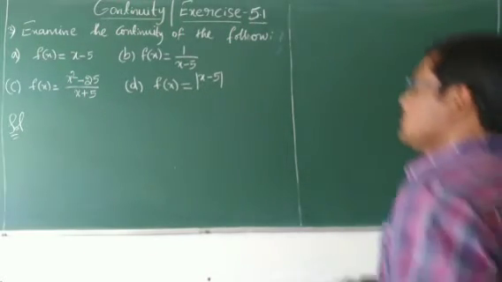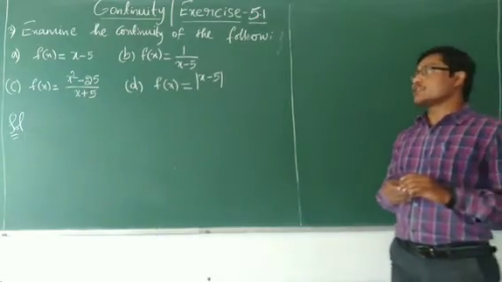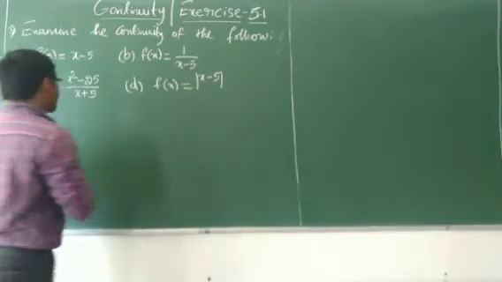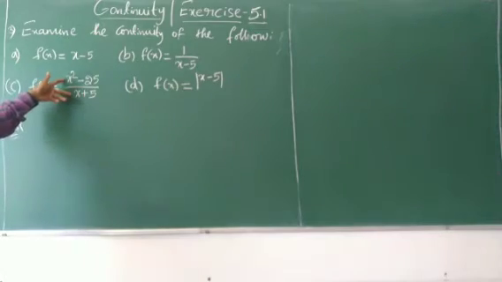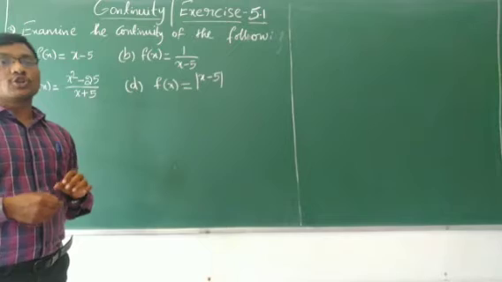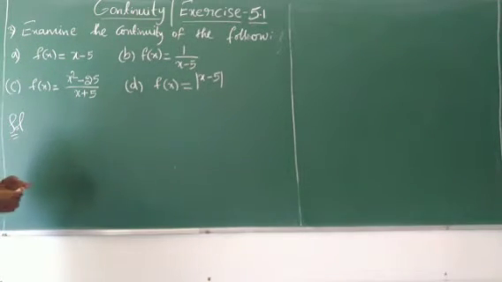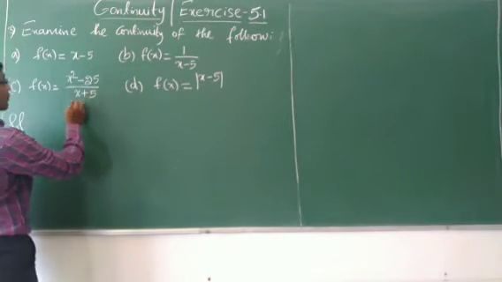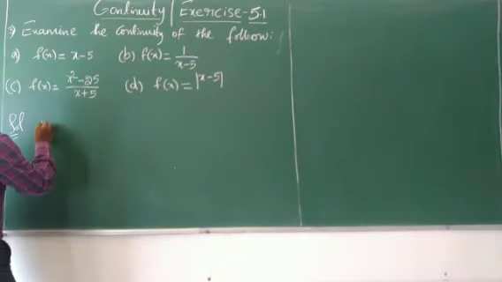In the next question, the function is given, f of x equal to x square minus 25 by x plus 5. Here also we need to find the domain of the function. This is again a rational function. When we have a rational function, the denominator should not be equal to 0. So here x plus 5 should not be equal to 0.